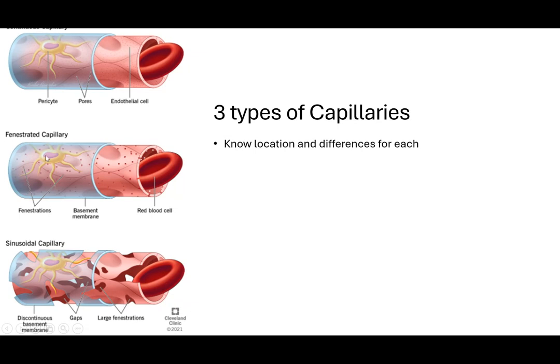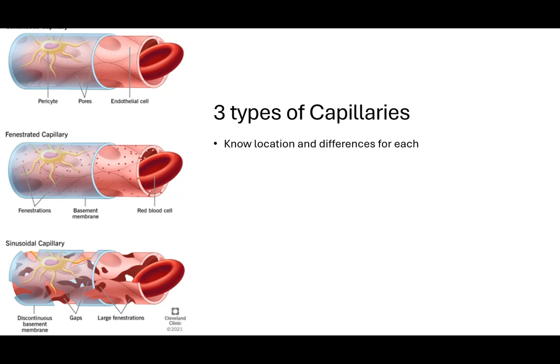Okay. Then we have a fenestrated capillary. And then we have a sinusoidal capillary. Okay. Again, let's talk about their differences structurally and then where they're located in the body.